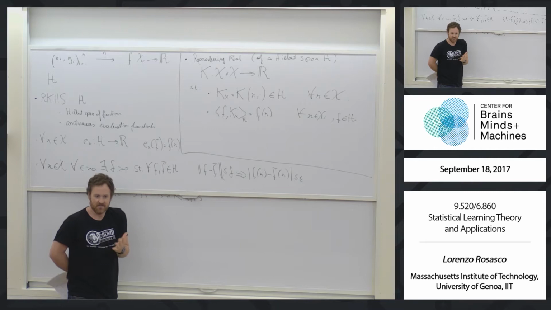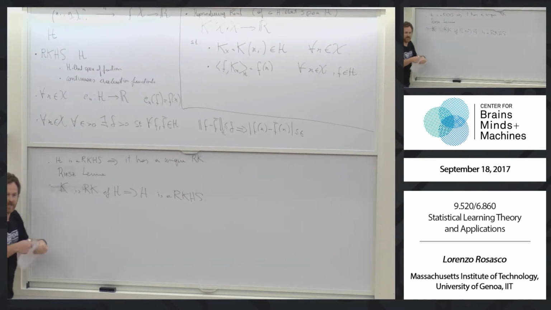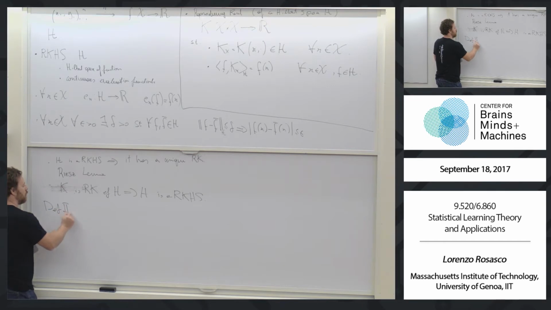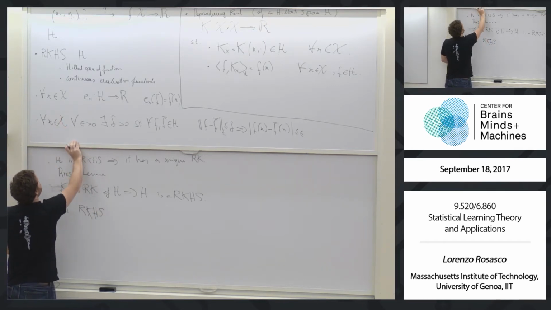So in a sense, once you assume there is a reproducing kernel Hilbert space, there is always a unique reproducing kernel associated to it. And in fact, we gave a new definition given this: definition 2 of RKHS, which is equivalent. This is definition 1, if you want.